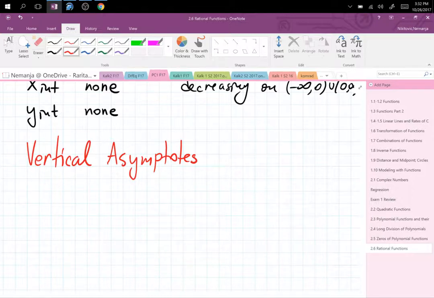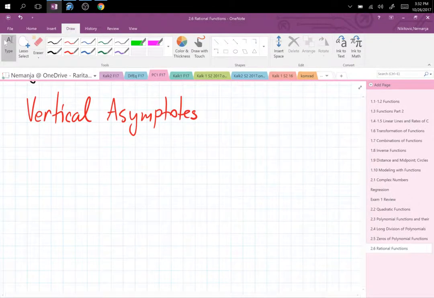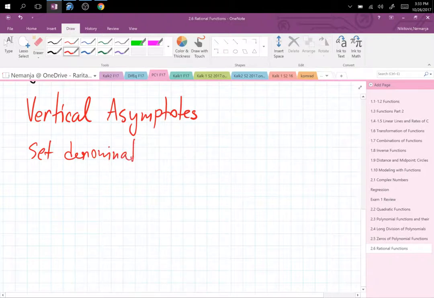So a vertical asymptote is the line whose slope is infinite, and that's what we obtain when we try to divide by 0. So for the vertical asymptote, we will set the denominator equal to 0. And whatever points we find, if we find any, we have a vertical asymptote at that point.